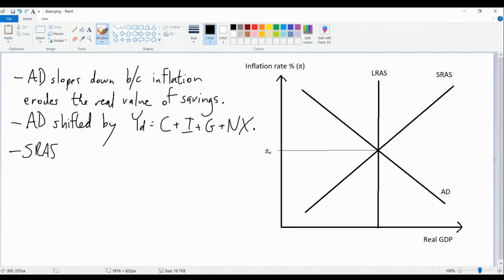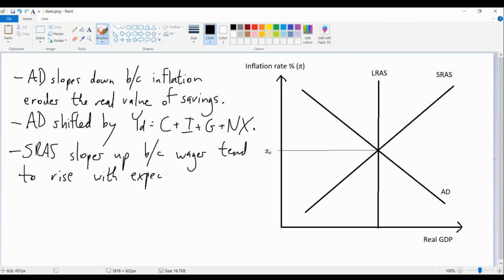And we discussed what happens with the supply curve regarding, first of all, why it has the shape it does. So it slopes up, as you can see in this picture. And again, the question is why? And the argument was because wages tend to rise with expected inflation.